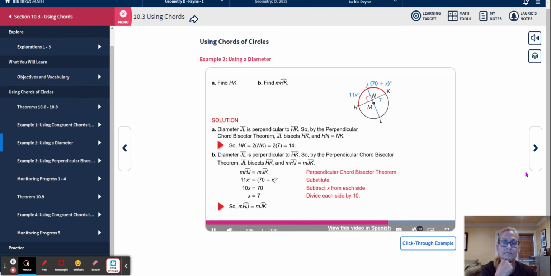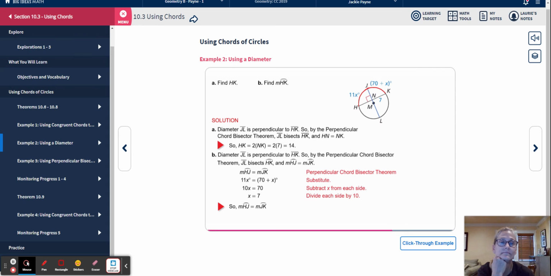So the measure of arc HJ is equal to the measure of arc JK, which equals the quantity 70 plus x degrees. Substitute 7 for x, and this is equal to 70 plus 7 degrees, which equals 77 degrees. And the measure of arc HK is equal to 2 times the measure of arc HJ.